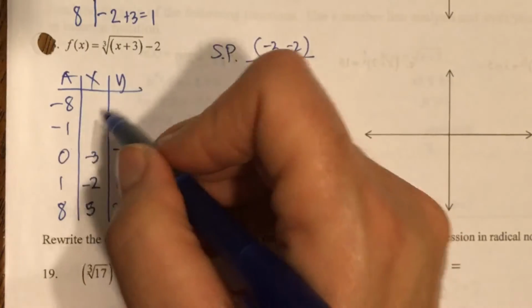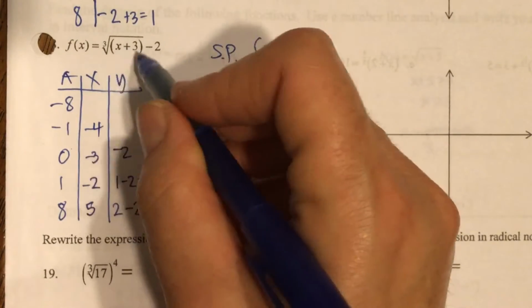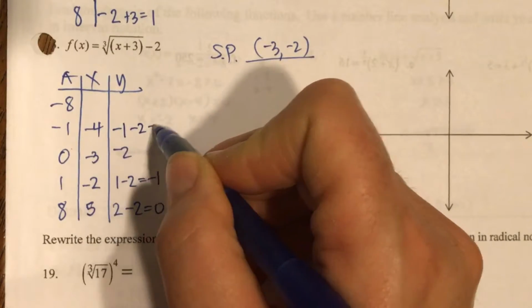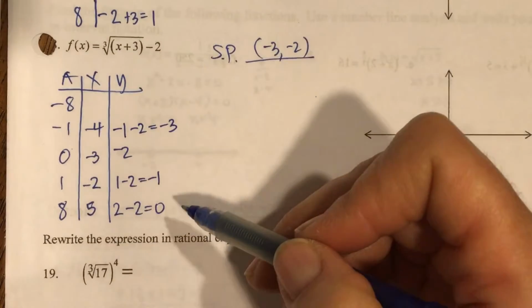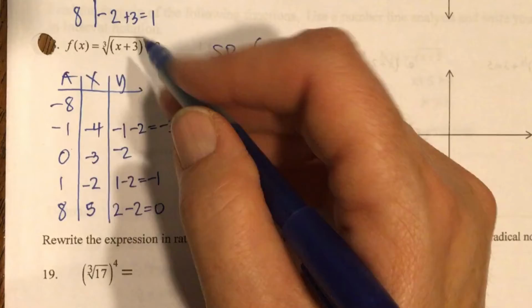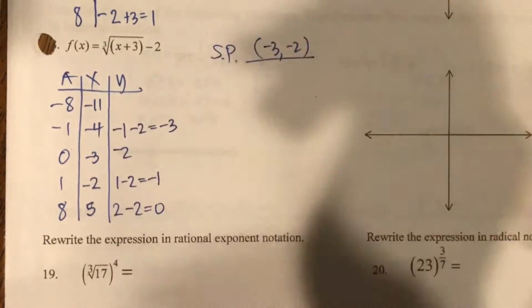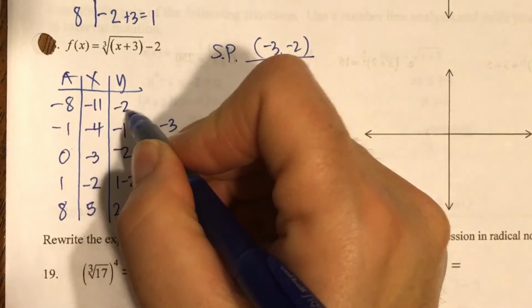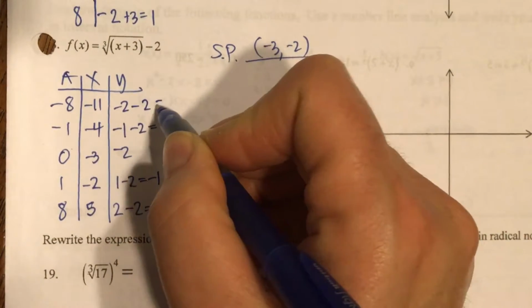I want this to be a negative 1, so I need it to be a negative 4. So then the cube root of negative 1 is negative 1 minus 2 is negative 3. And then if I want that to be a negative 8, I actually need a negative 11. Is that true? Should I just do that too quick? Negative 11 is negative 8. Cube root would be negative 2 minus 2.